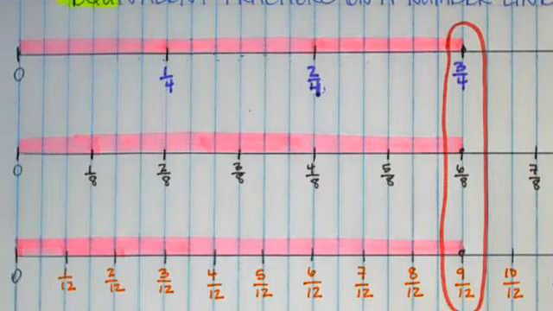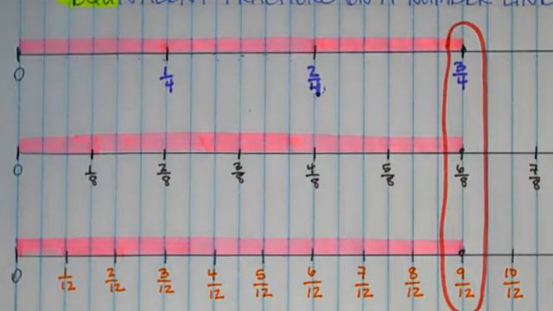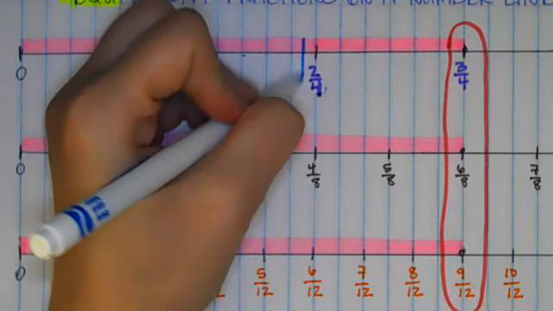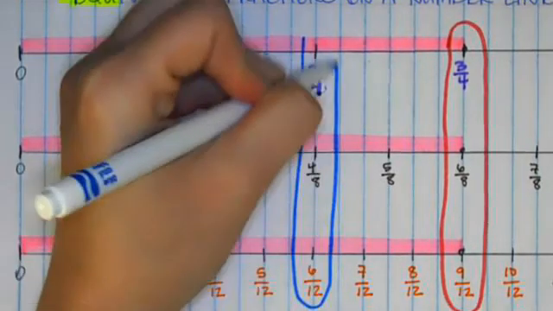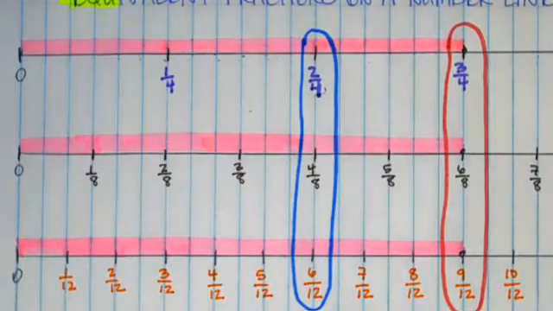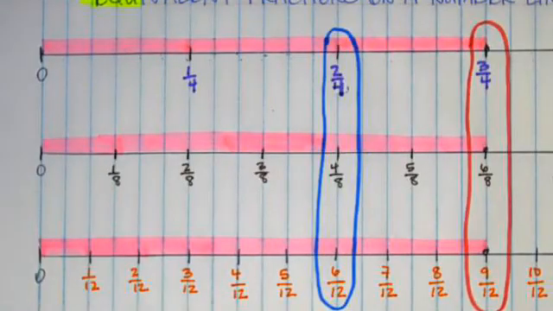And so if I wanted, I could also notice on my fraction line that 2/4 is also equivalent to 4/8 as well as 6/12. Those are also equivalent amounts.